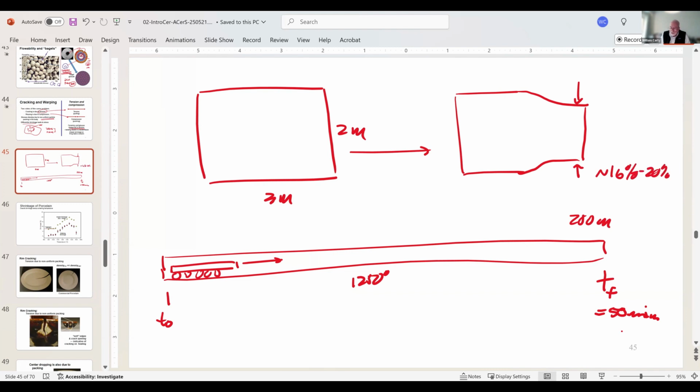And it will do that shrinkage before the back end starts to shrink. So with this situation, and there's no other way around it, the thickness of this piece is typically on the order of 2 to 3 centimeters thick. That piece is going to be somewhere in here, and then by the time I get to here, this is my hot zone, if you will. By the time I get to here, this piece is now done shrinking.